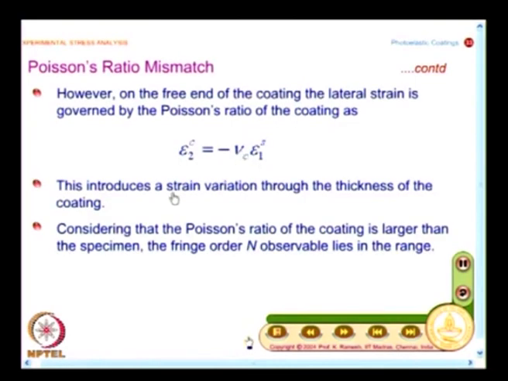So, in order to appreciate what happens when there is a mismatch of Poisson's ratio, what we find is there could be a strain variation through the thickness of the coating, because you have a surface bonded to the specimen where you will have only nu s, but when the surface is free on the other end of the thickness, it is governed by the Poisson's ratio of the coating.